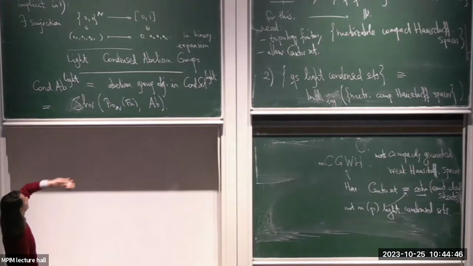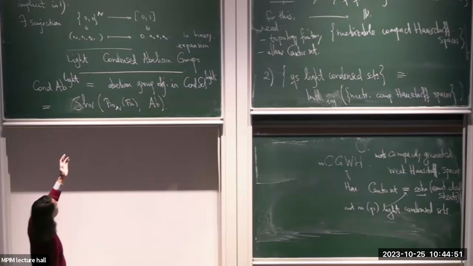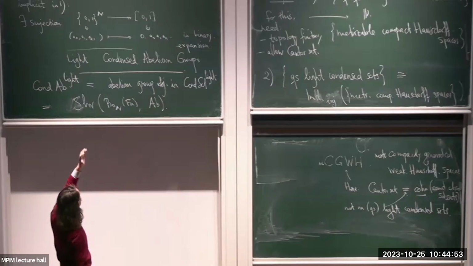And similar remarks apply to any kind of algebraic structure. So if you have condensed rings, for example, you can consider them as ring objects in light condensed sets or as sheaves of rings.